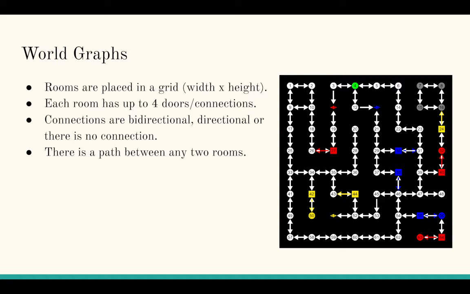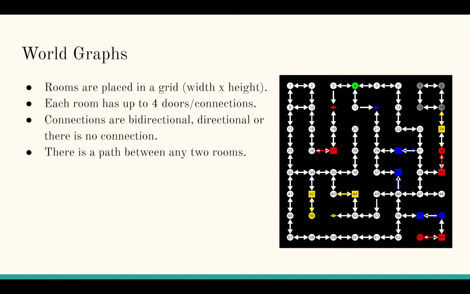I put a lot of restrictions into it because of runtime concerns if it has too many connections, especially if it's a directional connection, like here's a directional connection. If a room has a directional connection, it can only have 2 doors. So one entering and exiting. So it's one bidirectional door and then one directional door.